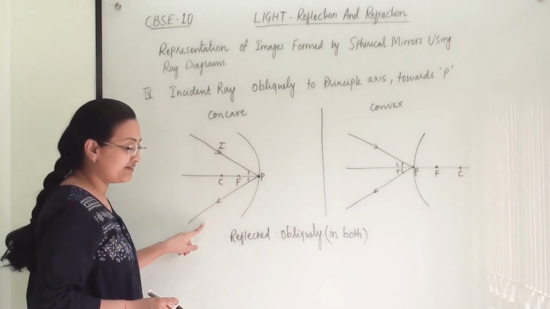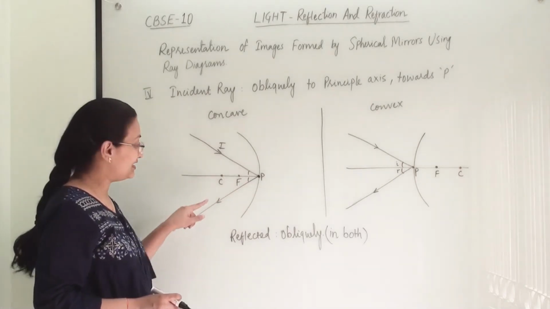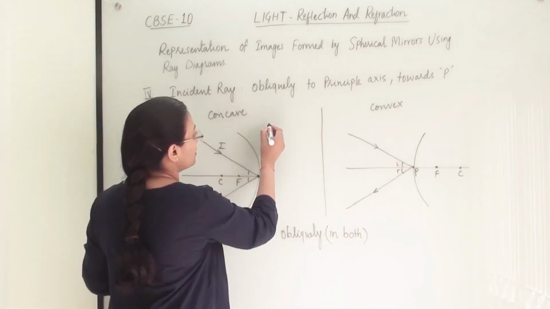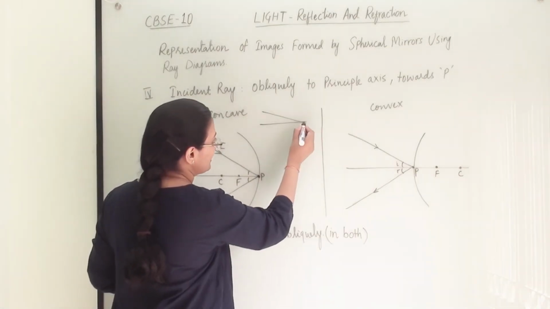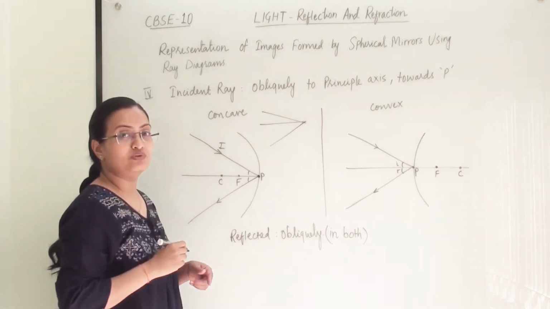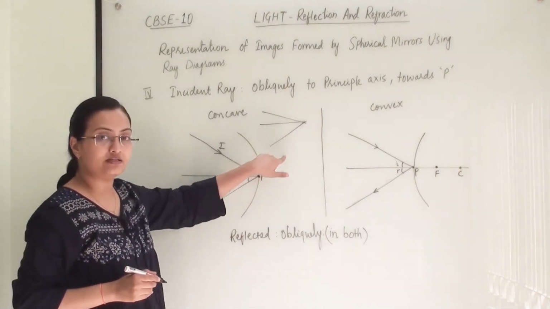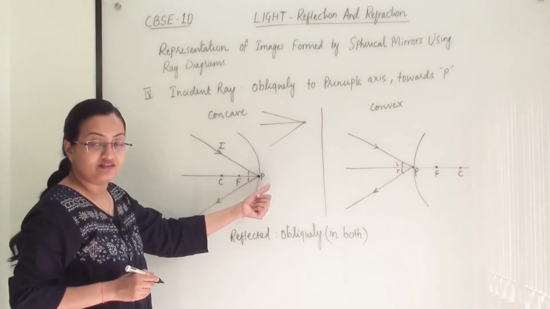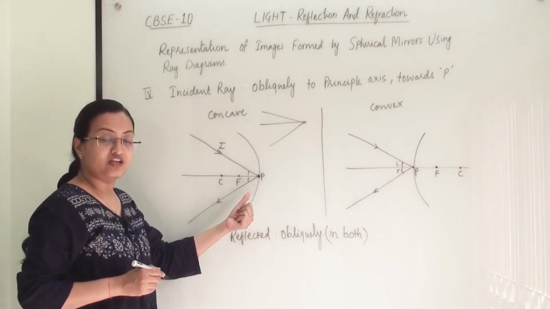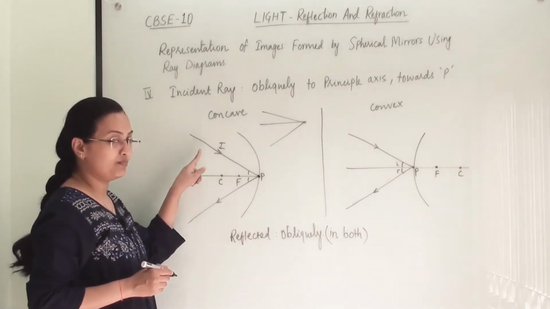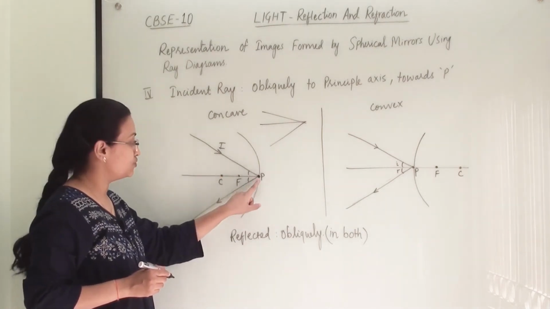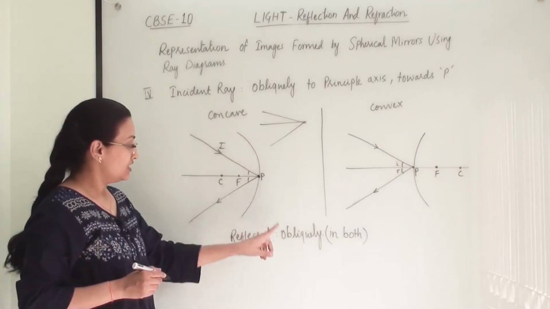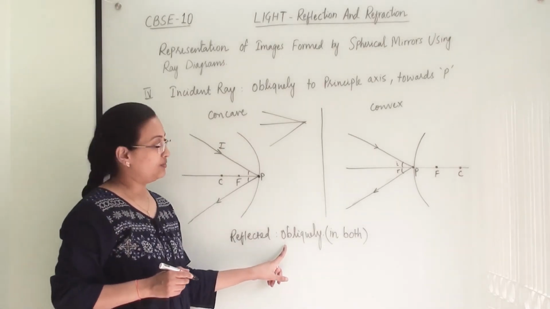The reflected ray we also get oblique with respect to the principal axis. So if it is coming slanting, it will go with the same angle in another direction obliquely. However it is coming, the same way it will go back. When it is coming obliquely towards the pole P, in a concave mirror, we get the reflected ray obliquely.